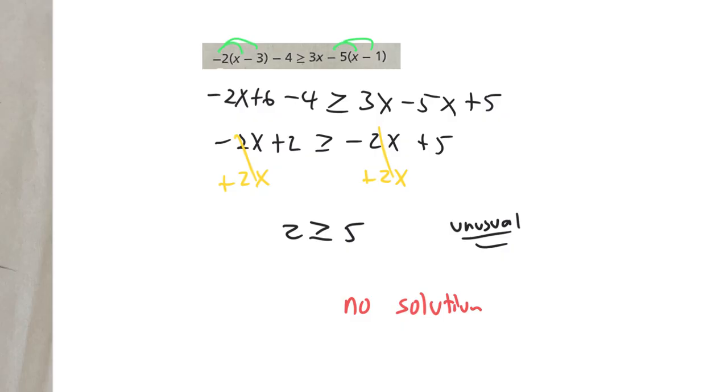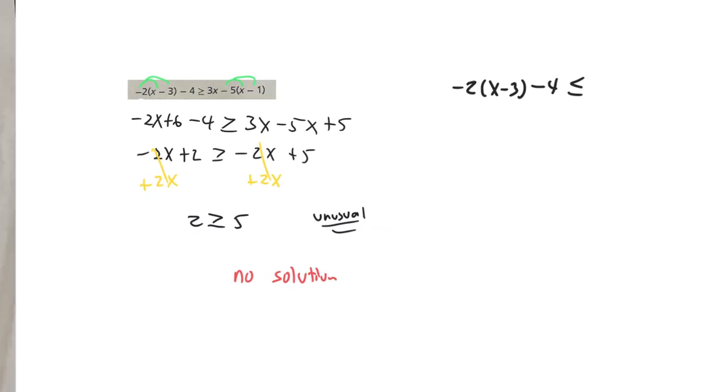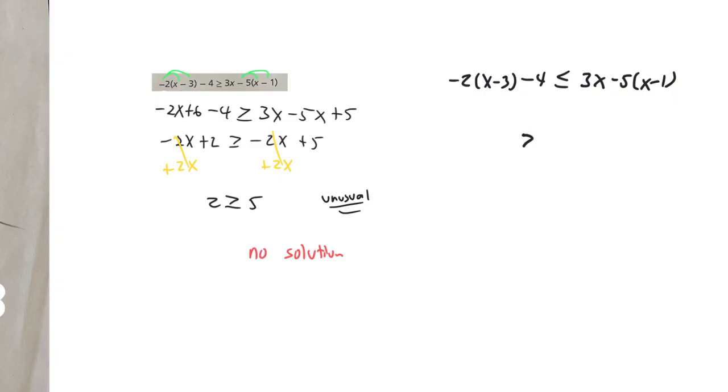Now, some of you might be wondering, well, what if we ended up with a true statement? For example, what if the inequality was positioned in the other direction, where maybe the original situation was the following, such that it's less than or equal to, then we would have ended up with this.